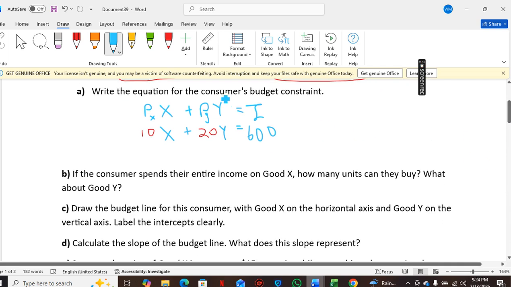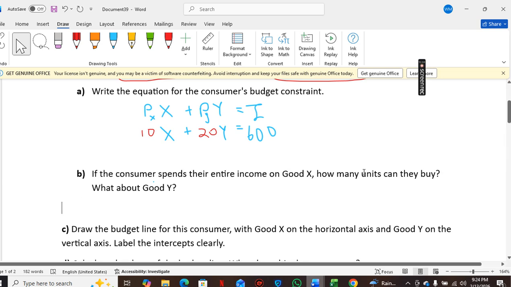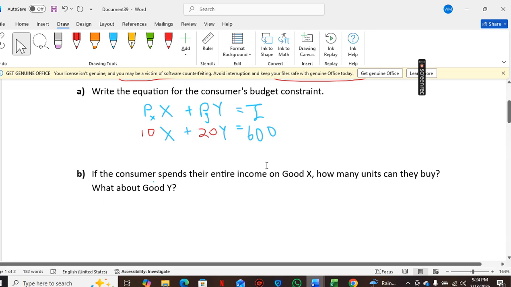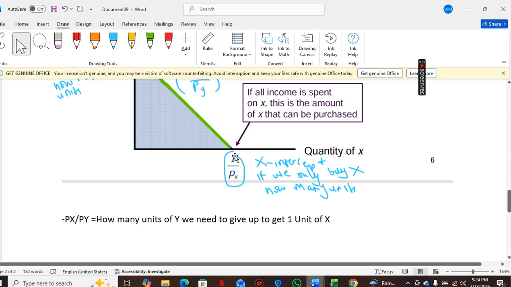The next question is, if the consumer spends the entire income on good X, how many units can he buy? What about good Y? If you spend your entire income on good X, how many units can you buy? Remember, it was that intercept here. This is what the intercept is telling us.